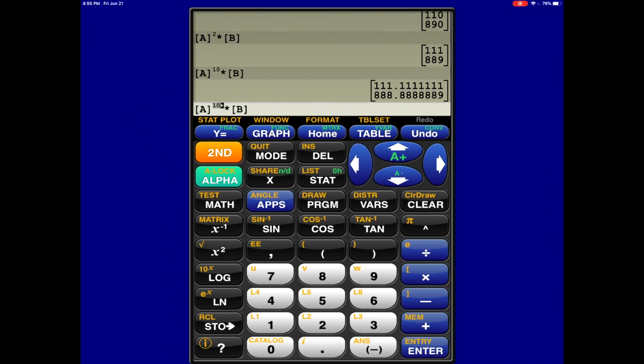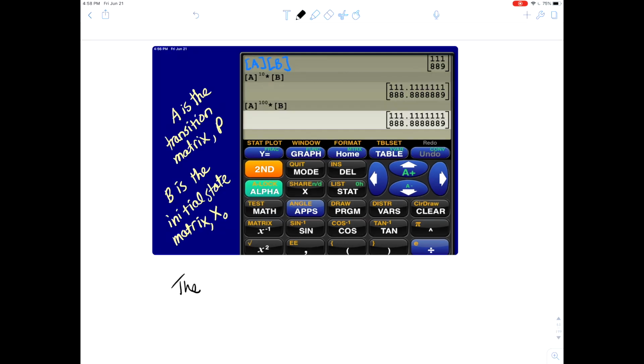And now let's raise this to the 100. And look, do you see it's totally leveled off here? So it turns out that our part B gave us our steady state matrix. Isn't that groovy? Steady state matrix.